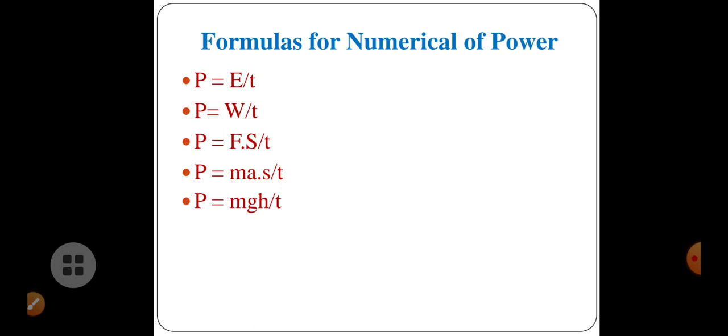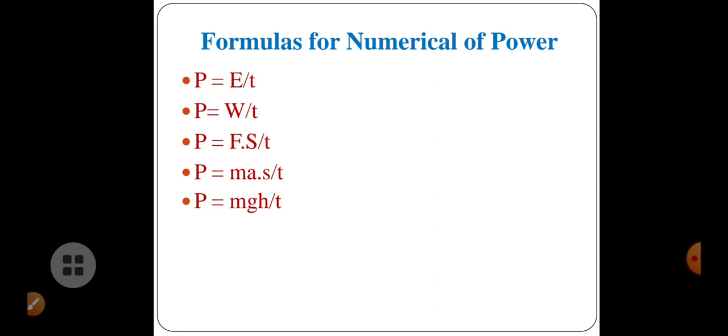So you have to calculate first, like if force and distance are given, then you will calculate work using that information, and then you can find the power by writing work by time. So power is equal to work by time, and work can be written as force multiplied by displacement, by time, and then force can further be written as MA, that is mass into acceleration into distance divided by time.